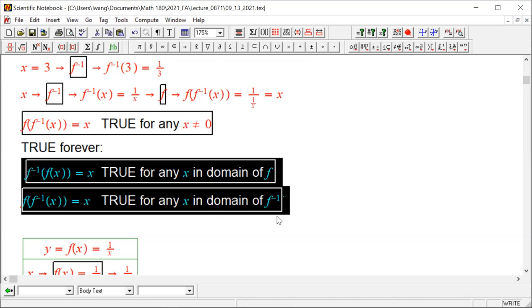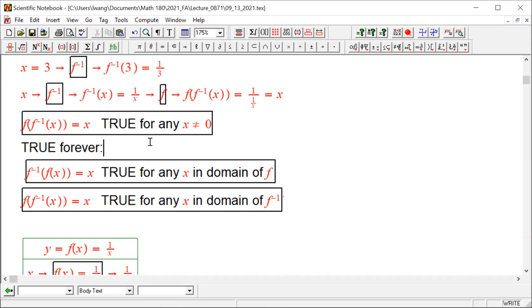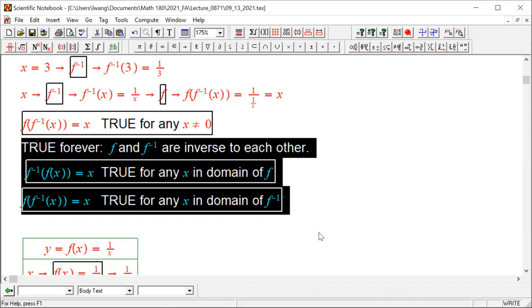And so this is a general statement: if f and f inverse are inverse to each other, this is the piece that's true forever.